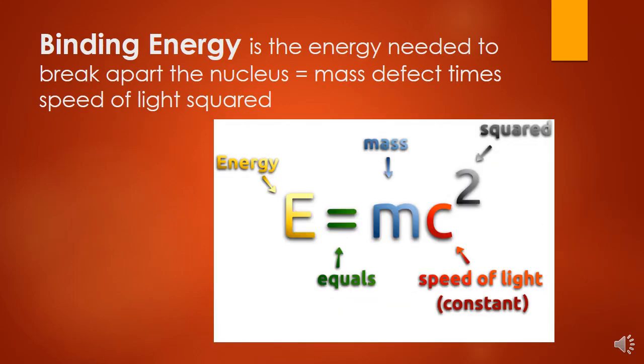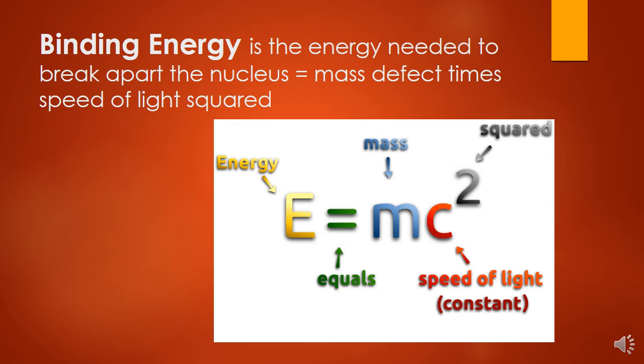Binding energy is the energy needed to break apart the nucleus. So when we talk about radiation or nuclear fission, we're talking about the nucleus coming apart. In the other lecture, I talked about E equals mc squared, and E equals delta m c squared.